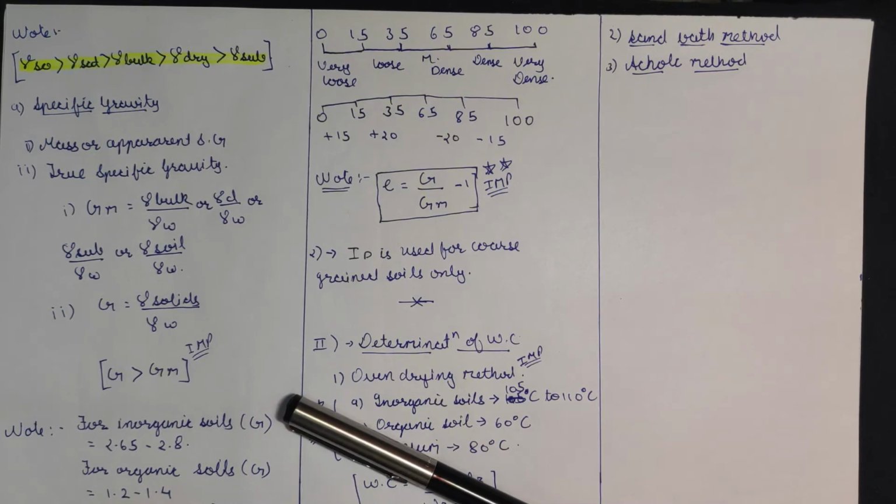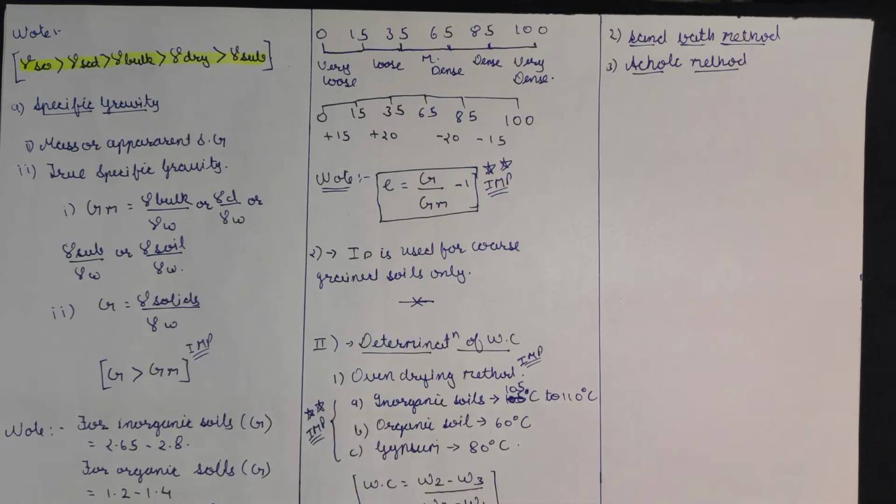The third method is the alcohol method. In this method, methylated spirit is used and mixed with the soil, and then the soil is ignited. This method is generally not used for organic soil, because there is no control on the temperature.